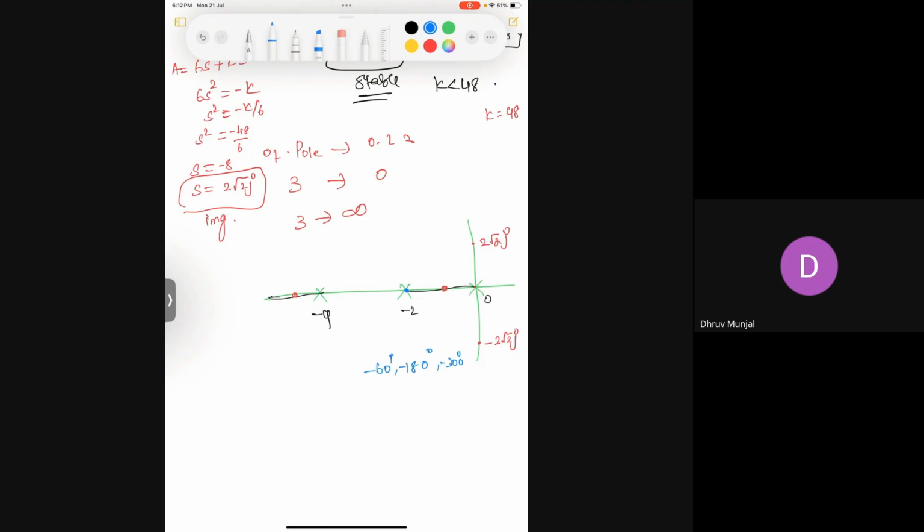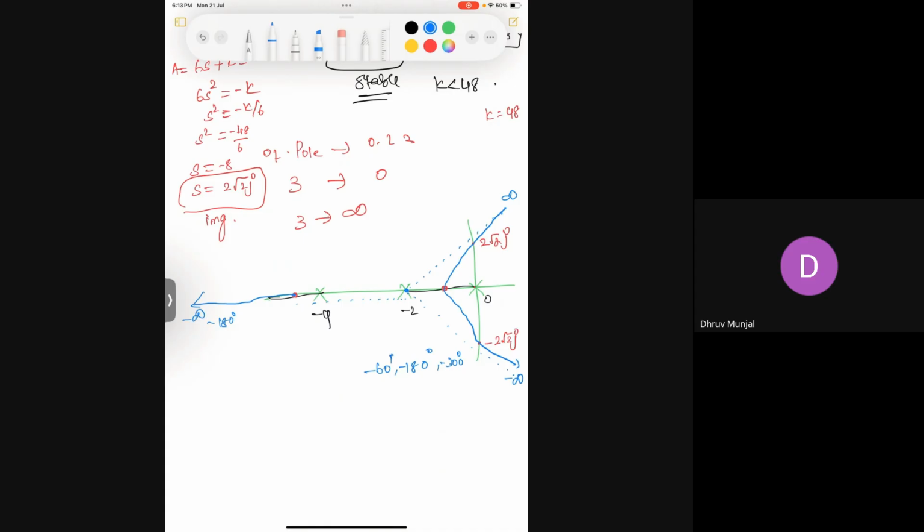The 60 and 300 will be going like this, and the 180 is along this way. This is the reference path, not the actual path the root loci will follow. From the breakaway point, this is the actual way it travels to infinity, crossing the imaginary axis, and from here the root locus travels to infinity at 180 degrees towards minus infinity.